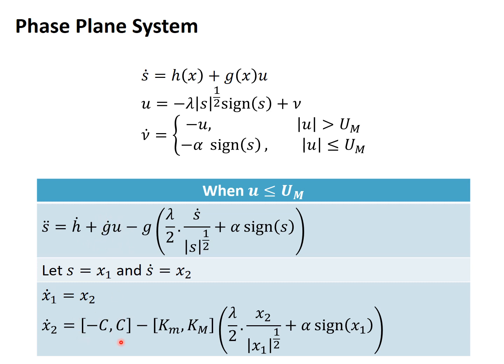That means it is between minus c and plus c. Then we had an assumption that g is bounded by k small m and k capital M. So, that bound is also put here, and in this part we just have replaced S dot with x2, S with x1, that is all, nothing else. So, we will go ahead with this system x1, x2.